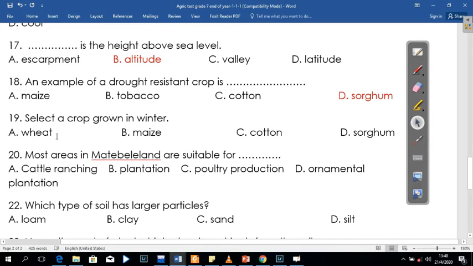This should be easy for everyone who is ready to write his or her grade 7. Most areas in Matabeleland are suitable for, the correct answer we are looking for is cattle ranching. It's cattle ranching.